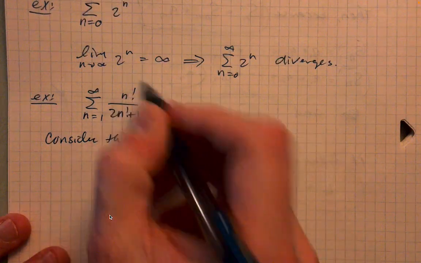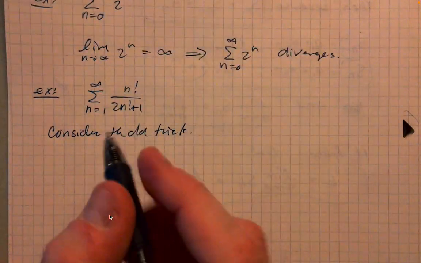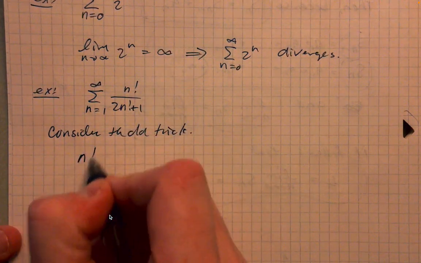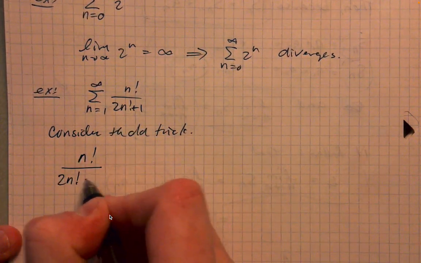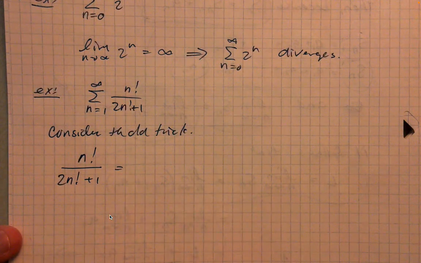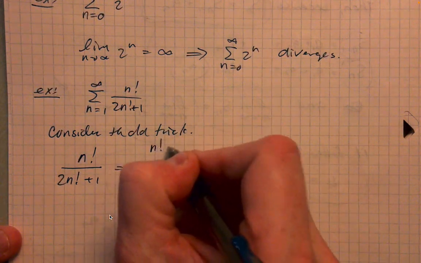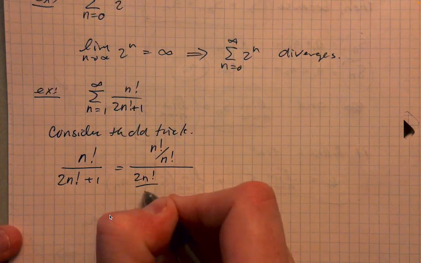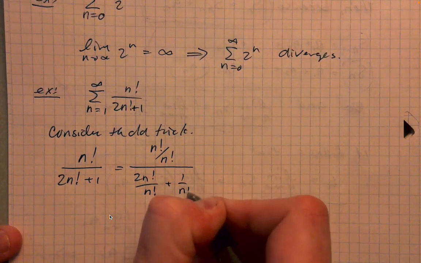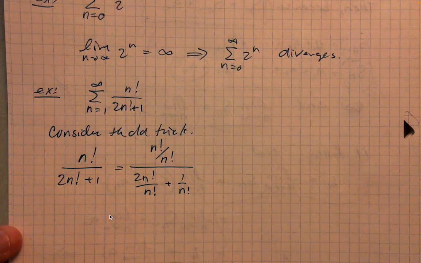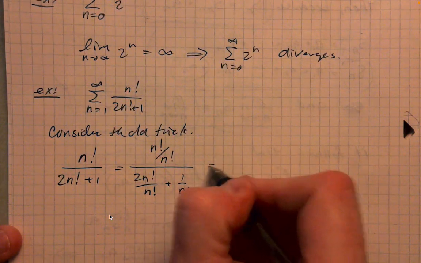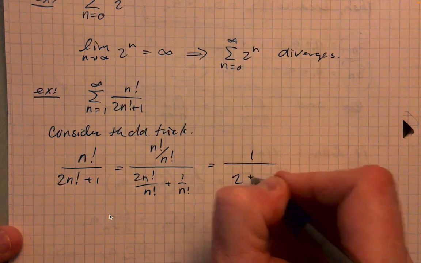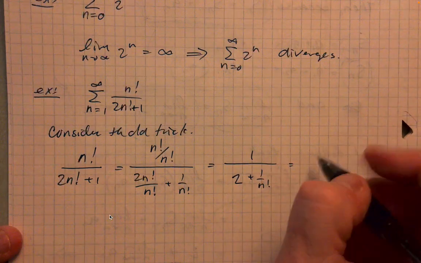We'll just look at the terms of the sum. If we have n factorial over 2n factorial plus 1, we could divide everything by n factorial. So you get n factorial over n factorial, and then 2n factorial over n factorial plus 1 over n factorial. What do we get here? We get 1 over 2 plus 1 over n factorial.